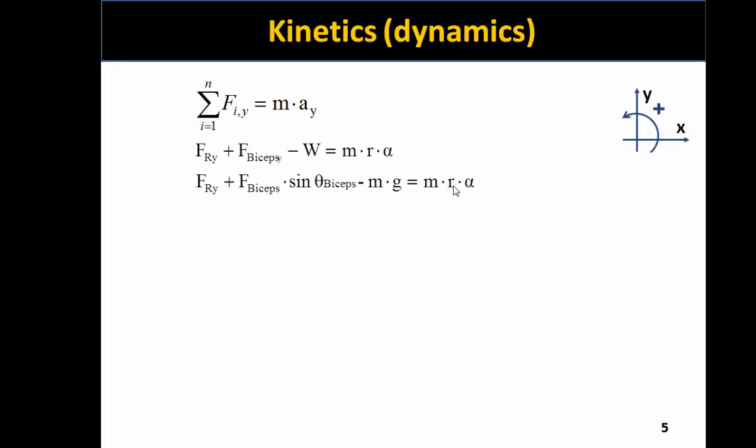So now we go ahead and substitute the values that we are given, or values that we can possibly even calculate at this point. So we have 675 newtons times the sine of the insertion angle. Subtract the mass of the arm, forearm and hand, 2 kilograms times 9.81 meters per second squared.